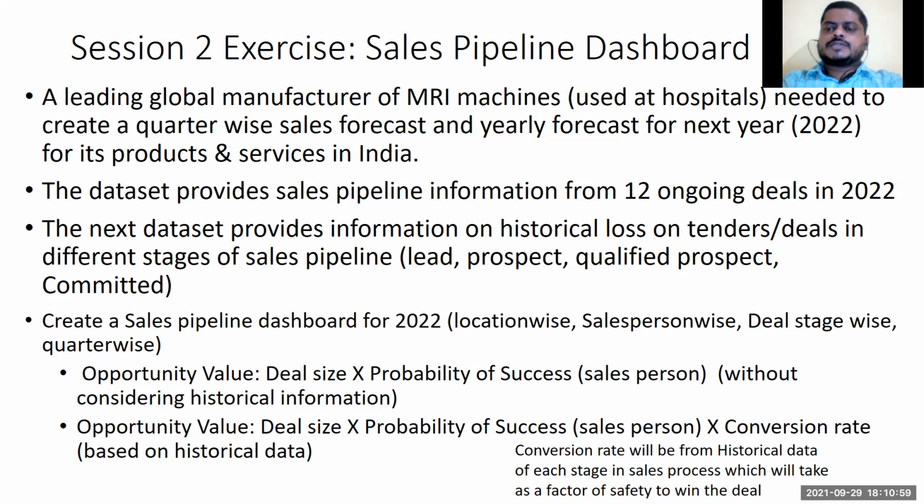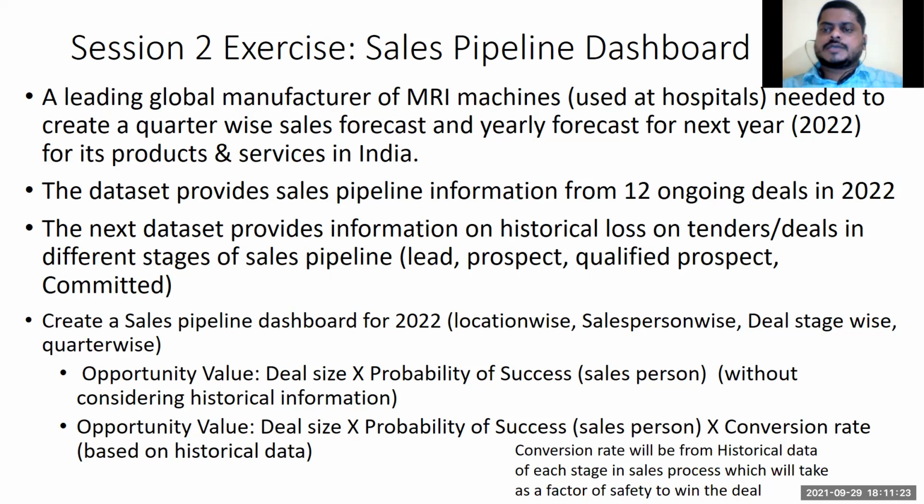You have lost many tenders at different stages of the bid. Some tenders you have lost in the lead stage, some in prospect, qualified prospect, and even in the committed stage. There are a few tenders which were almost going to be finalized, but still you lost them, right?